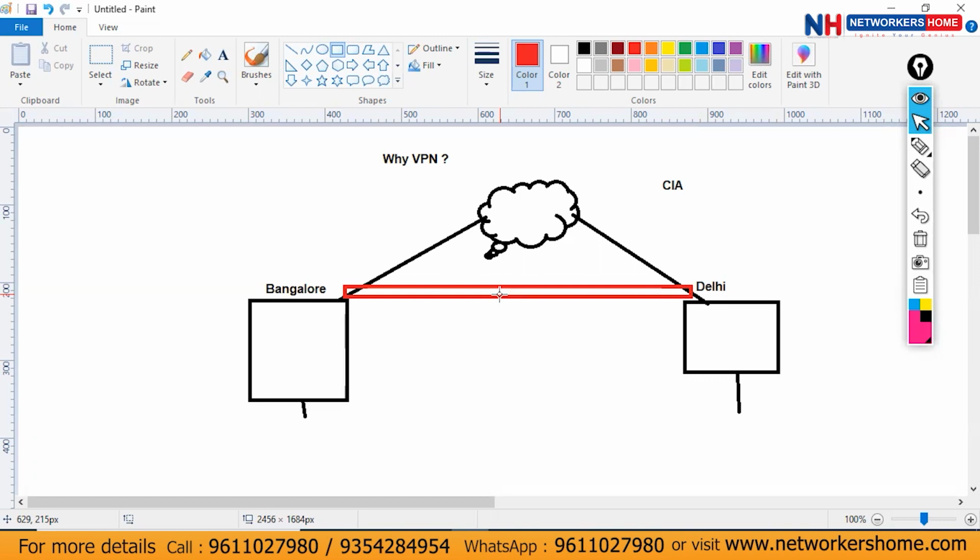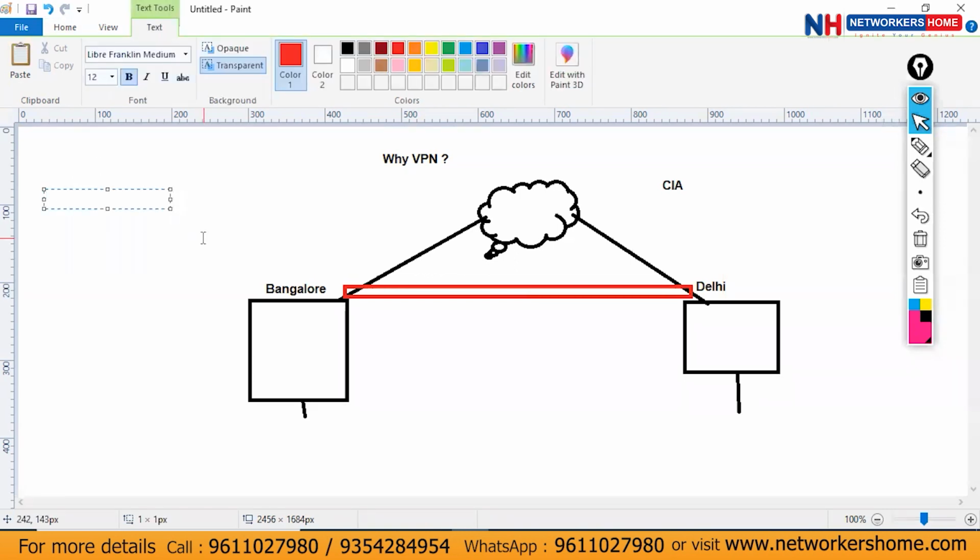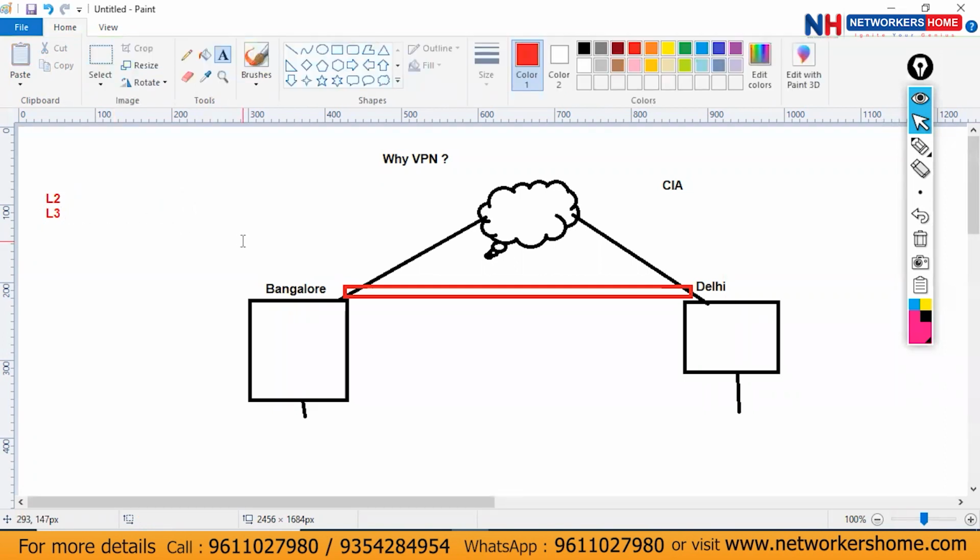My VPN requirements can be different also, can be with MPLS also. You guys have seen frame relay, right? Based on the OSI reference model, we have layer 2 VPNs and layer 3 VPNs. Layer 2 VPNs are like frame relay and MPLS AToM, and here we have site-to-site VPNs and multi-site VPNs.